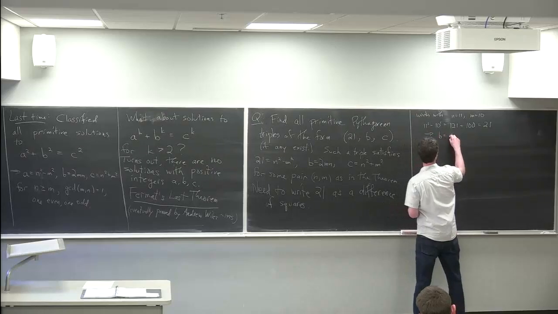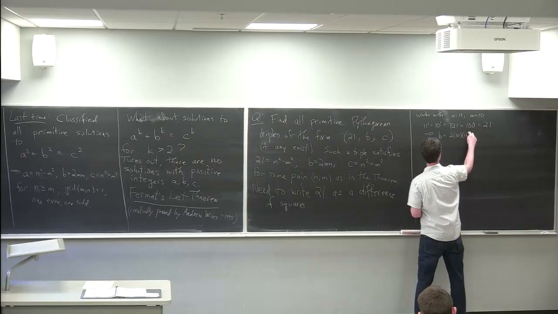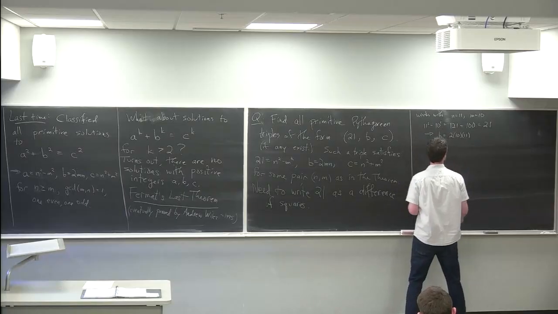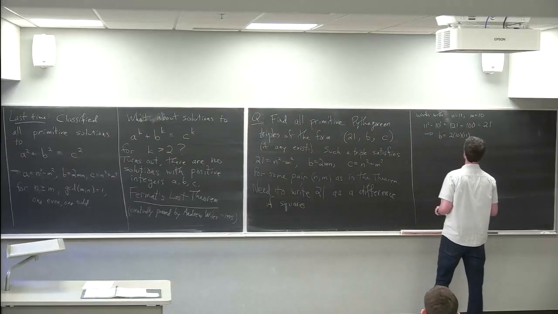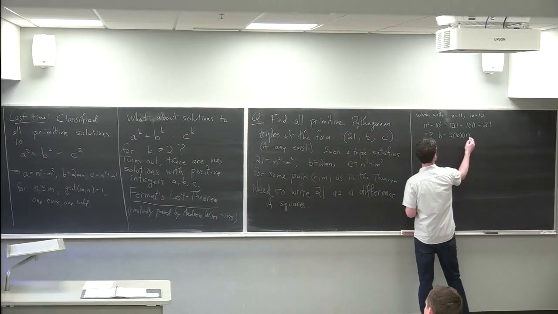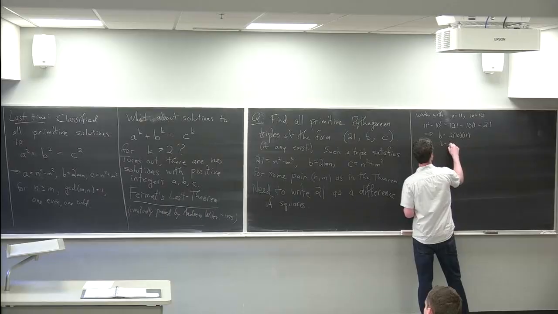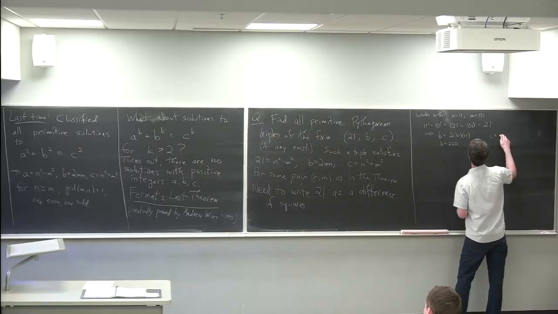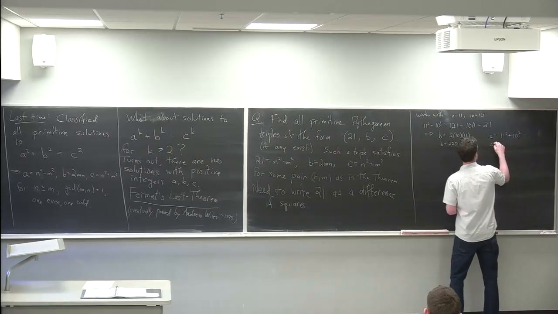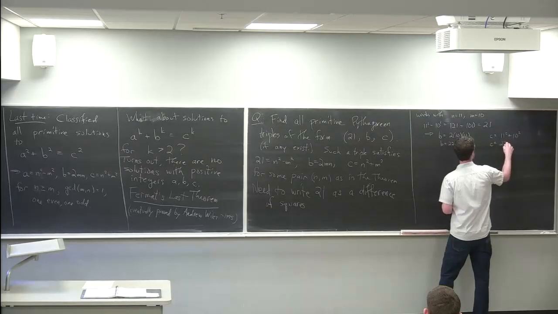B is 2nm, so that is 220. And then C is n squared plus m squared, so that would be 11 squared plus 10 squared, so that's 221.